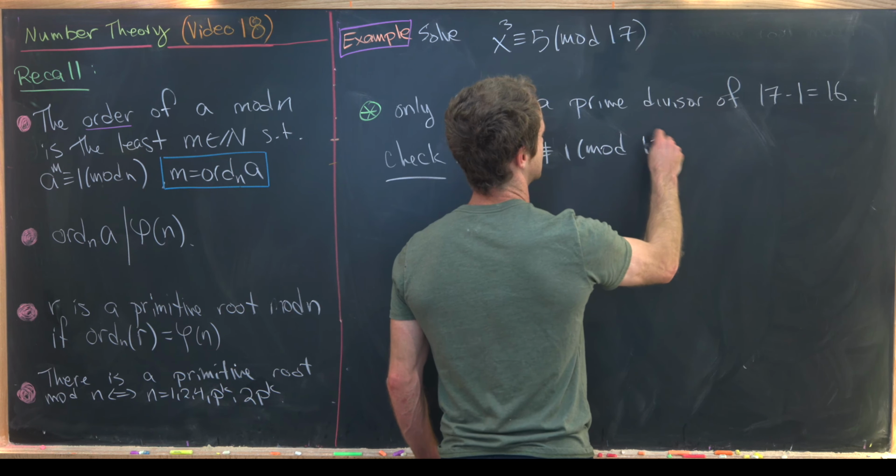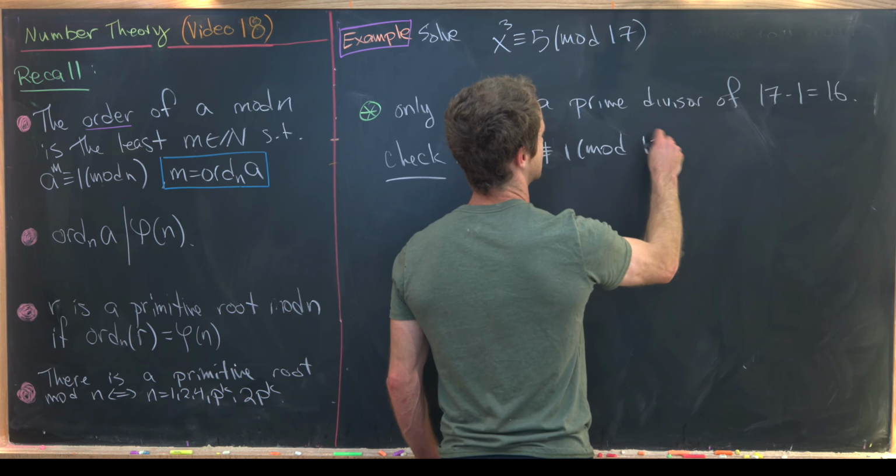Let's first see if 2 is a primitive root. We need to check 2 to the 16 over 2, which is 2 to the 8. But we'll use the fact that we're working mod 17 to simplify as much as possible. This is equal to 2 to the 4 times 2 to the 4, which is 16 times 16.